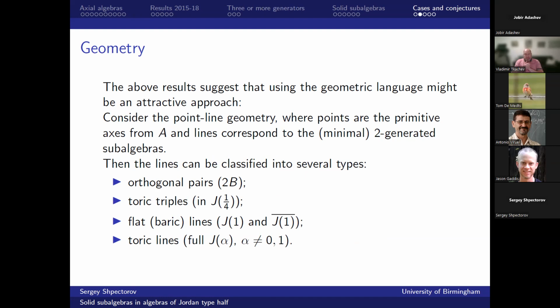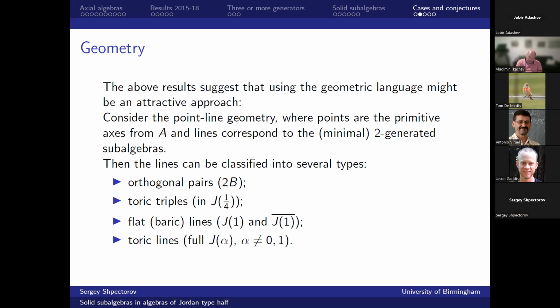This means we would have several types of such lines. There would be orthogonal pairs, that's algebra 2B, just pairs A, B such that A times B is 0. We would have toric triples, so this is the exceptional non-solid J 1/4.